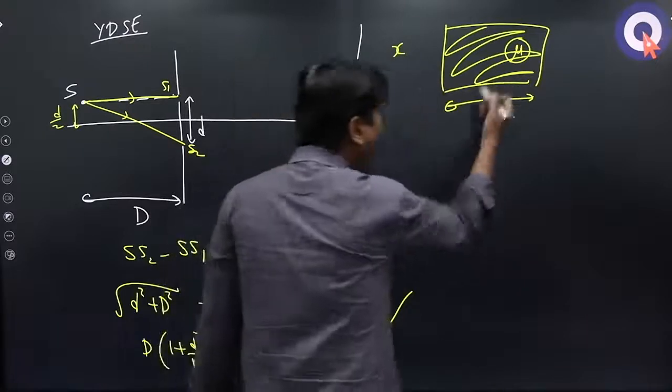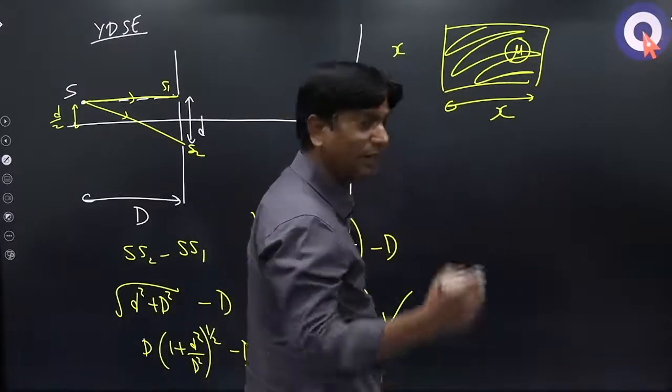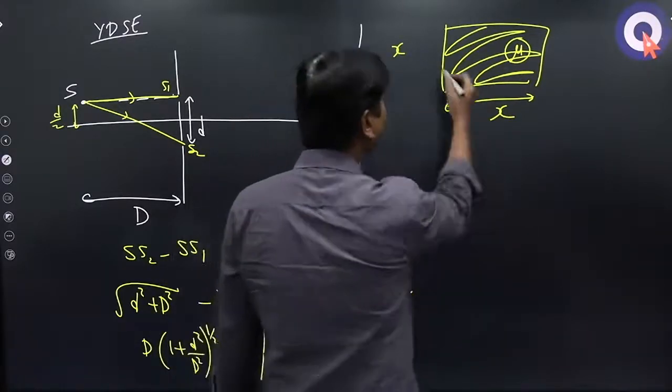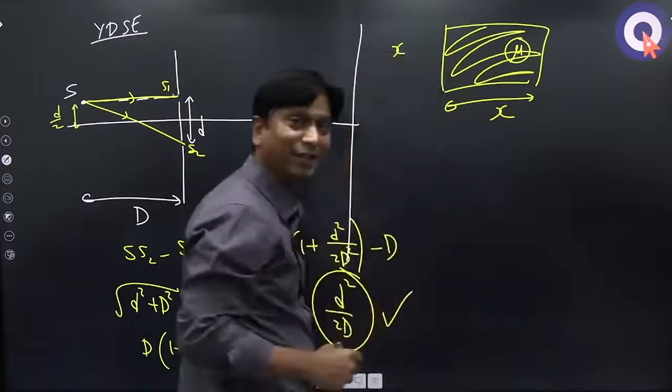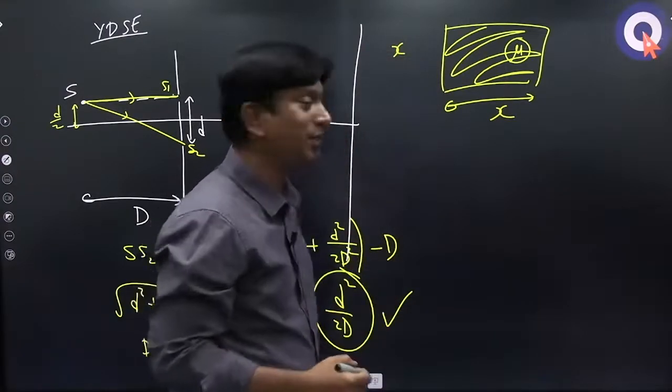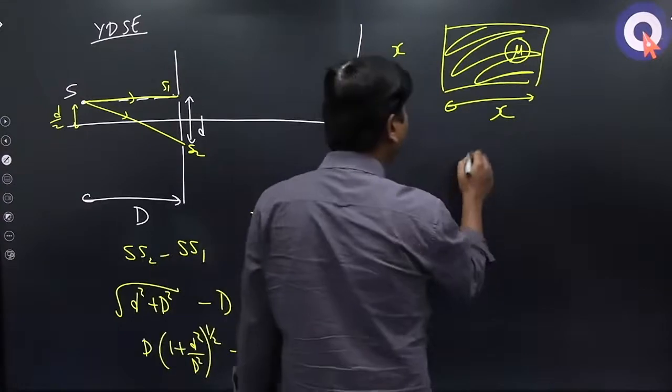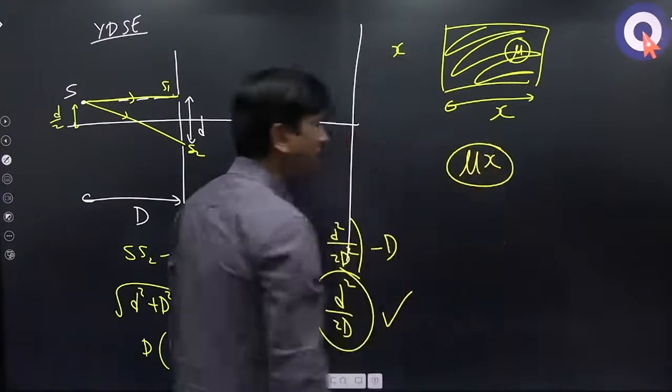Then how much distance will it travel in air? Because in the medium it travels with lesser speed, in air it will travel with more speed, so it will travel nu times x in air.